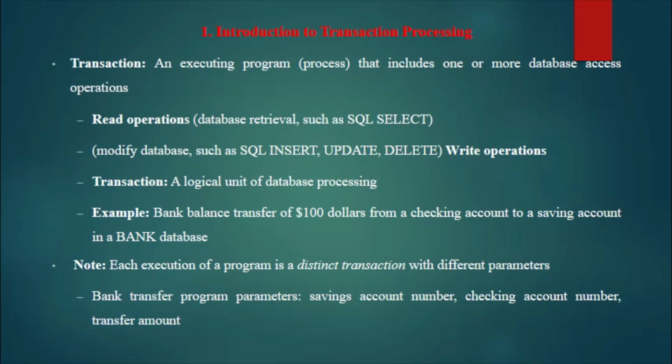When the bank transfers from a checking account to a savings account, we require a savings account number, a checking account number, and a transfer amount. These are some of the parameters. By using these parameters we transfer the data from one account to another account, and we call this transaction processing.